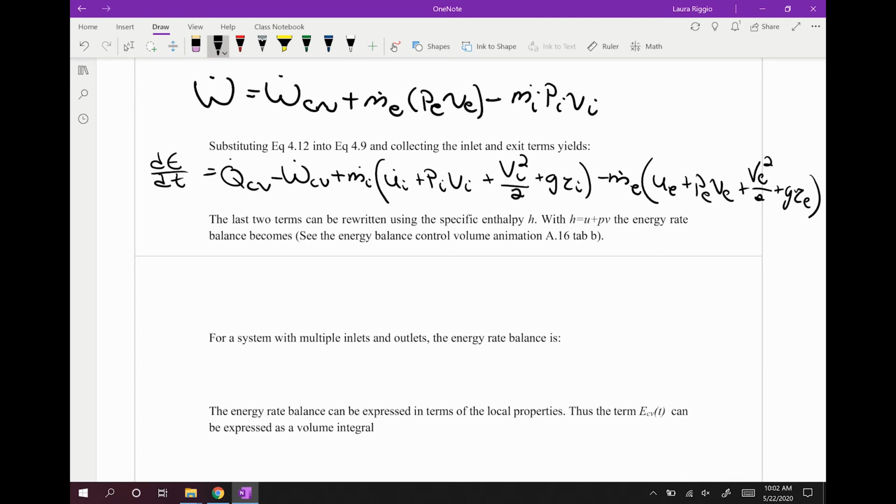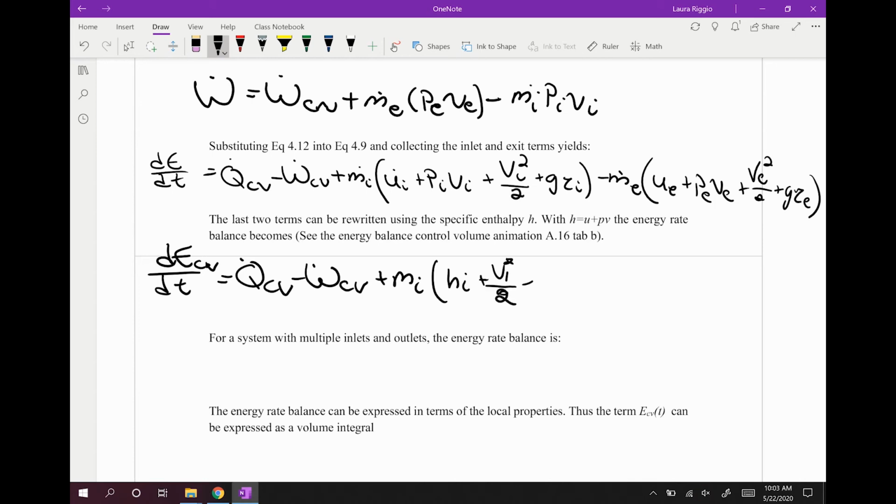If we use the fact that U plus PV is defined as enthalpy, we get that our rate of change of energy in our control volume is equal to our heat minus our work plus our mass flow rate times our enthalpy in plus our kinetic energy in plus our potential energy in, minus our mass flow rate out times our enthalpy out plus our kinetic energy out plus our potential energy out.